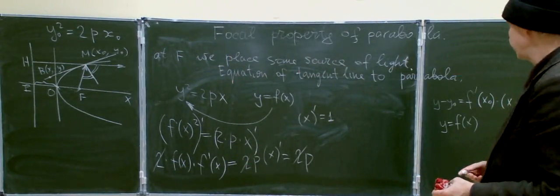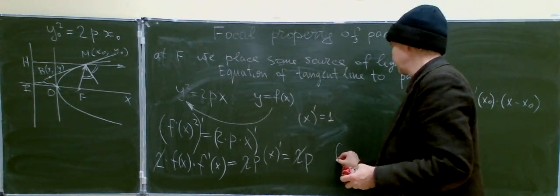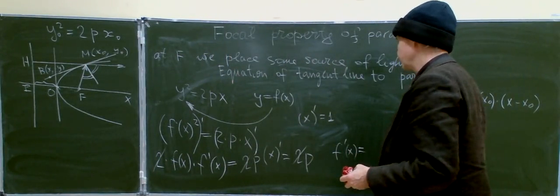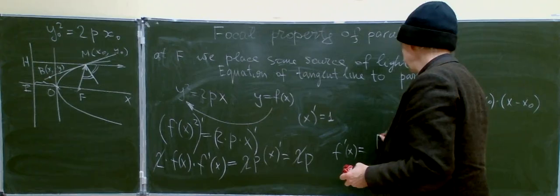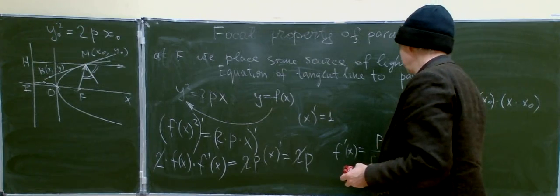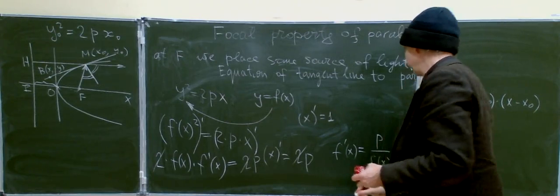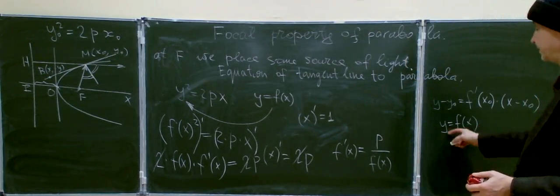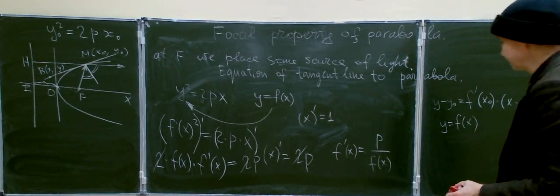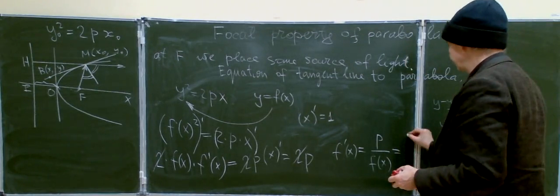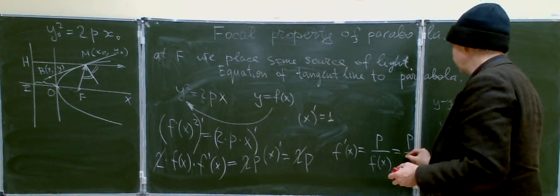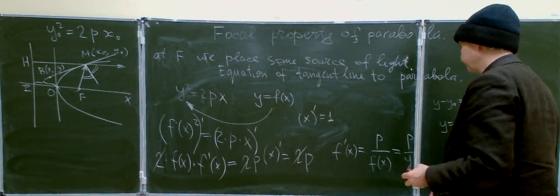As a result, we get f prime of x is equal to p over f of x. But f of x is equal to y. Therefore, we get that f prime of x is equal to p divided by y.